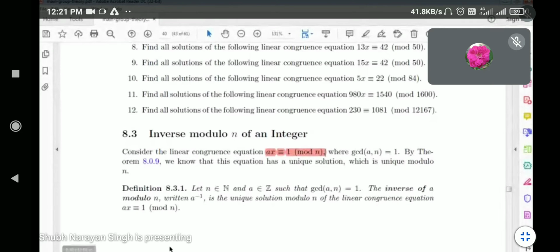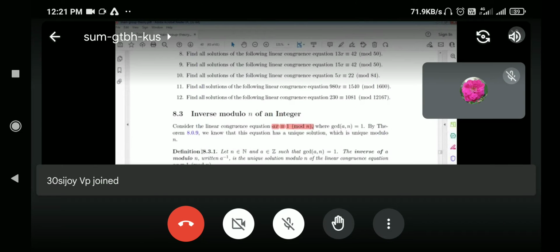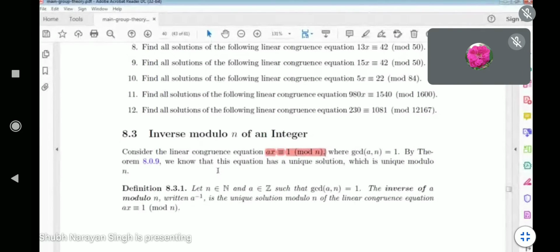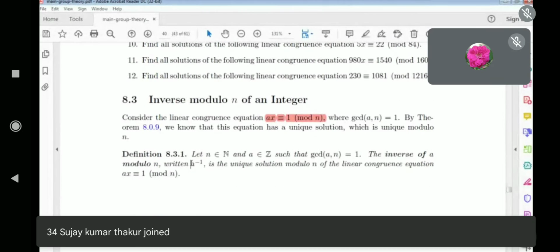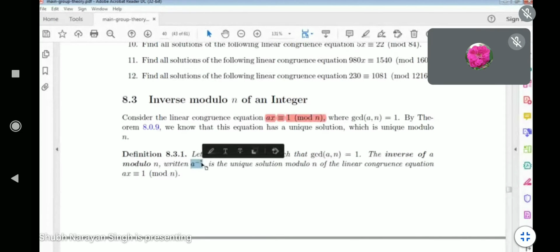Not only a solution, in fact it has a unique solution in modulo n system. We note that this equation has a solution which is unique in modulo n system, and that unique solution in modulo n system we denote by the symbol a power minus 1, read as a inverse.